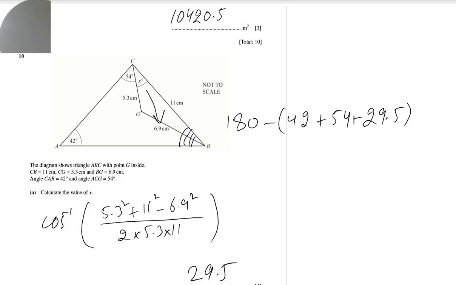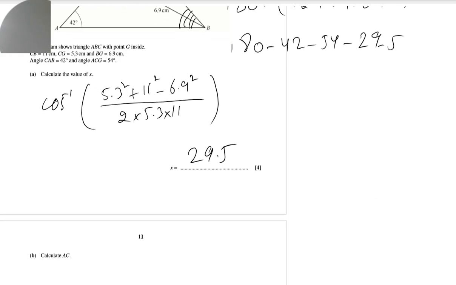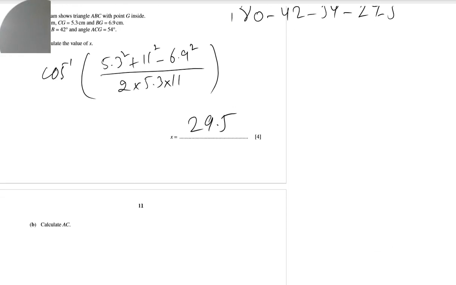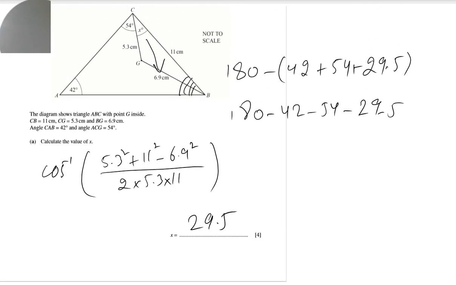If you are not using the brackets, you may use the subtraction sign. Like you can also write it as 180 minus 42 minus 54 minus 29.5. These both things are the same. Since I am using brackets, I am using plus 29.5. It's 54.5.